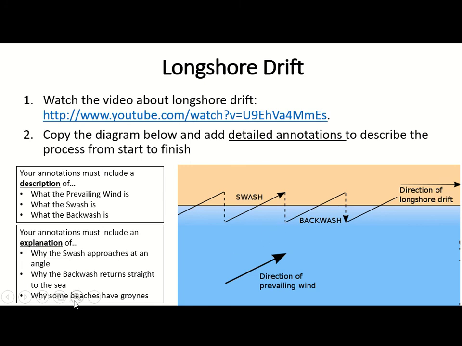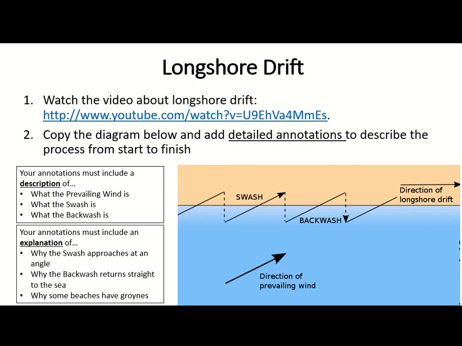And lastly, why do some beaches have groins? Well, because if this carried on and you didn't stop it, what's going to happen to all this sand eventually? It's going to clear off over here somewhere, maybe further down the coast. And we've already seen from last lesson that having a wide beach protects your cliffs, and it also attracts tourists. So beaches are really a very good thing to try and keep on your coastline.